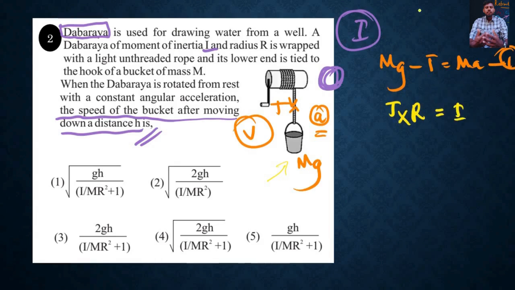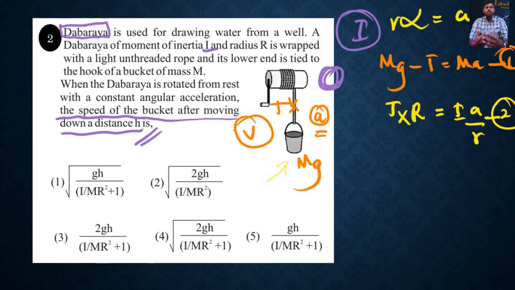We don't need alpha itself here; since a equals R alpha, I am writing alpha equals a over R. That's the second equation, we only need two equations. Let's simplify these two, then we can find the value of a, hopefully. How do we simplify it now?